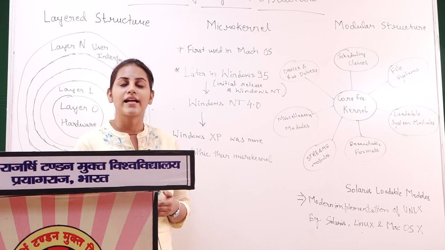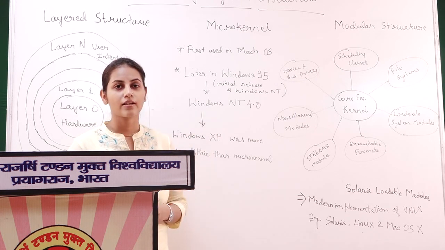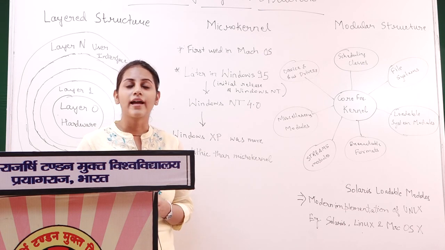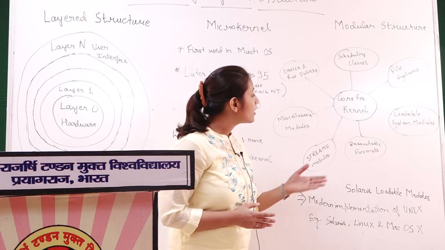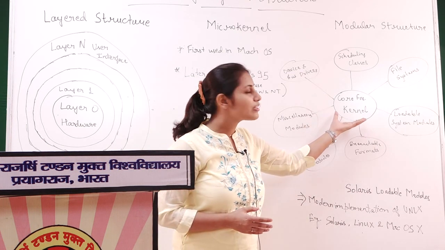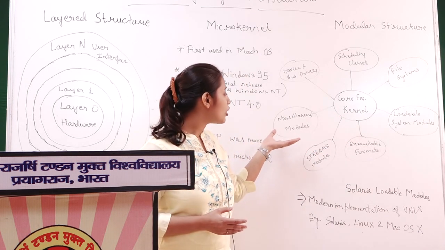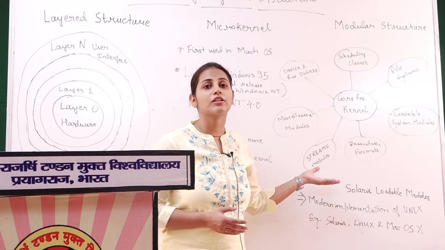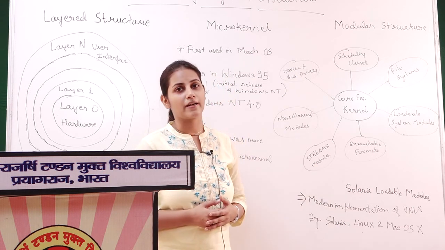These messages are sent and received with the help of the microkernel. This increases the overhead that exists on the system. In the modular structure, even though we have a kernel with core functionalities and loadable modules, these modules need not communicate with each other through message passing, and therefore, there is no system overhead.